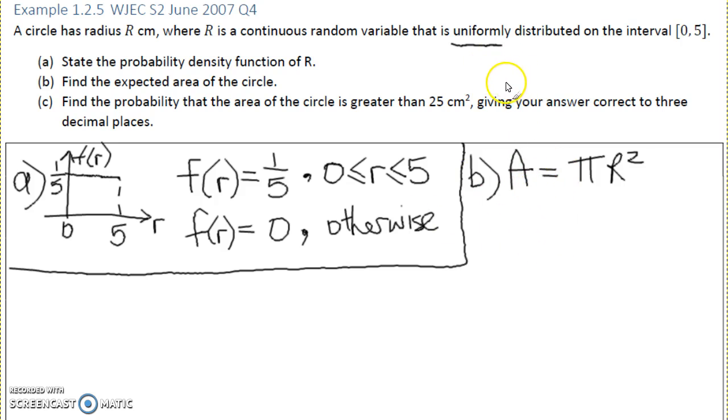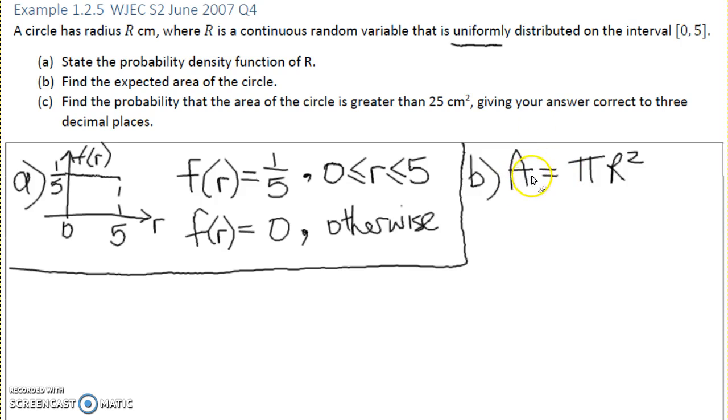R is a uniform random variable, uniformly distributed, so it has an even probability between 0 and 5. So if we drew the graph of R, we get a horizontal line. However, if we drew the graph of A, we wouldn't get a horizontal line, we'd get a curve.